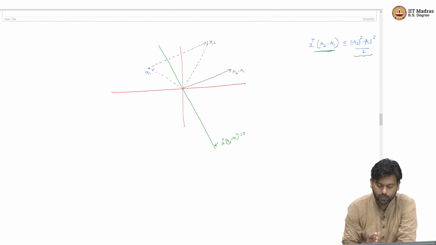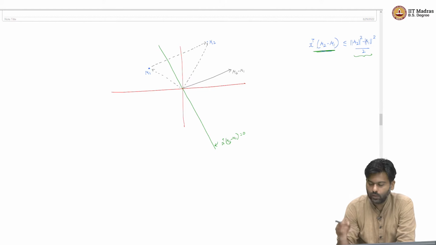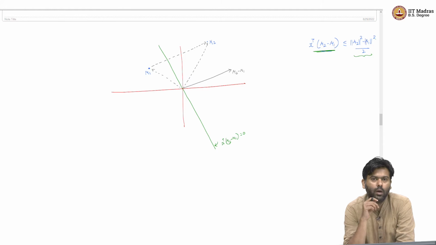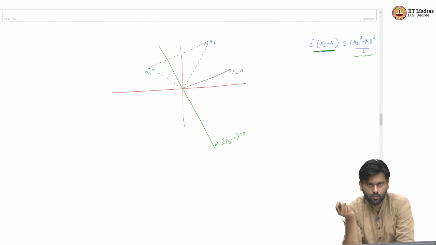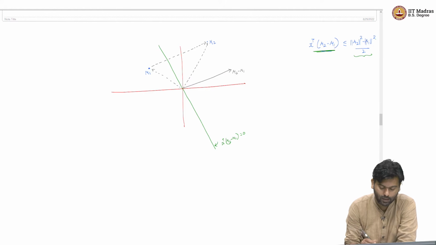So which means if I ask the question where is x transpose (mu2 minus mu1) equal to, instead of less than or equal to, if I put an equal to and ask where is it equal to (norm mu2 squared minus norm mu1 squared) by 2. In other words, the set of all x which satisfy x transpose (mu2 minus mu1) equals (norm mu2 squared minus norm mu1 squared) by 2, well, because we are thinking of this as a positive quantity, that means that I have to move the green line parallel in this direction, right.